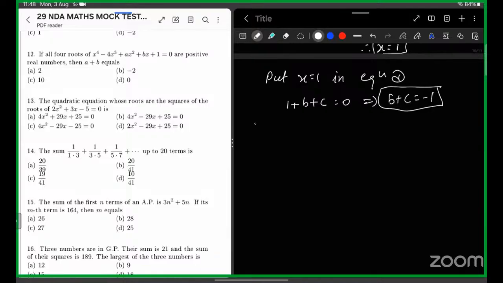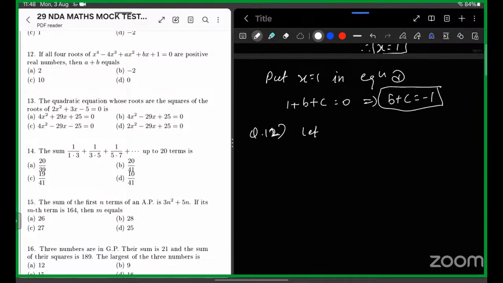So we can go through question number 12. Since they are saying that all the four roots are positive real numbers, so I can take, let, put x is equal to 1.